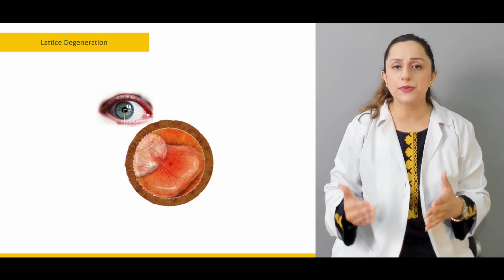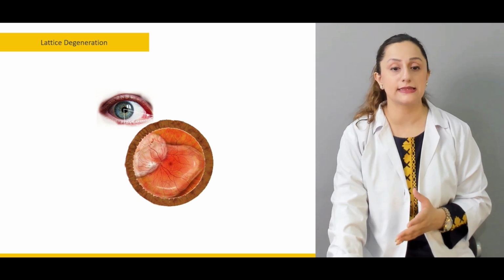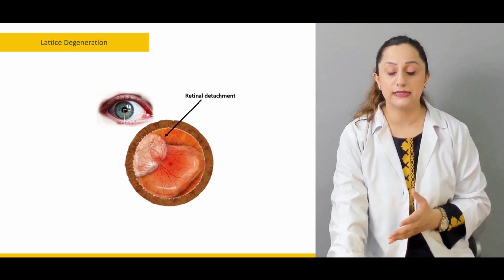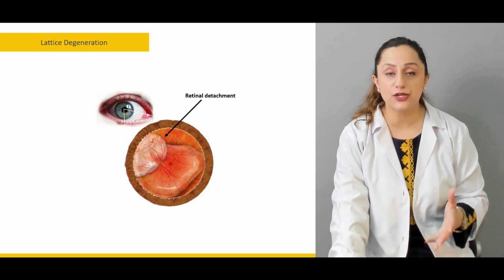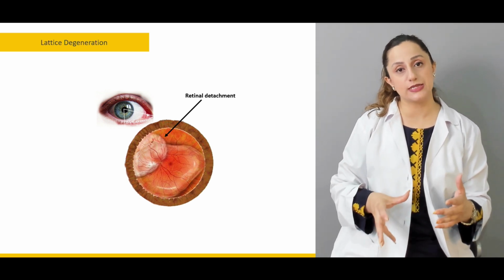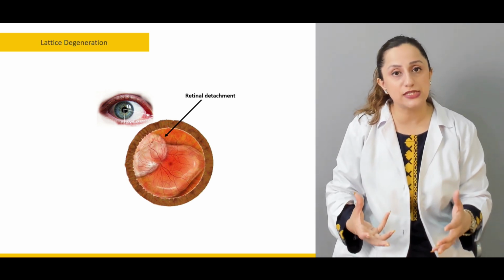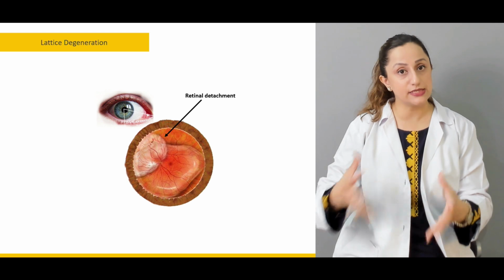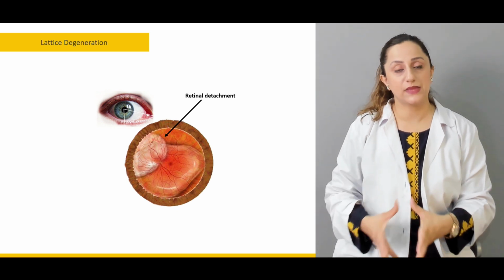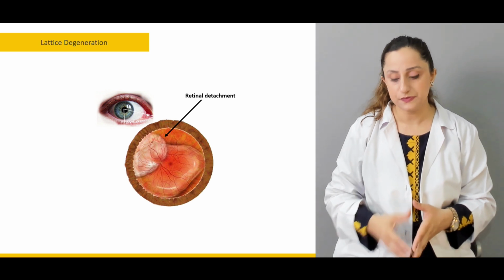So these are the typical presenting complaints that the patient would give you. And then you can have a differential diagnosis in which you have snail track, retinal latticework degenerations, and retinal dystrophies in the list of differential diagnoses.